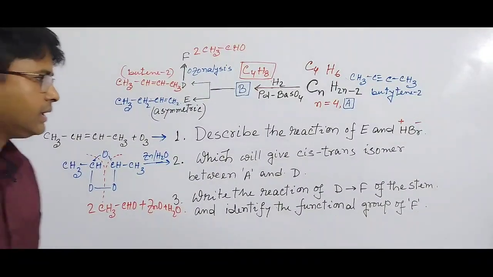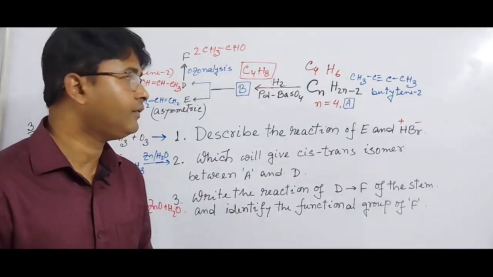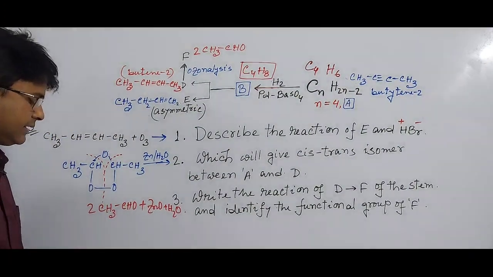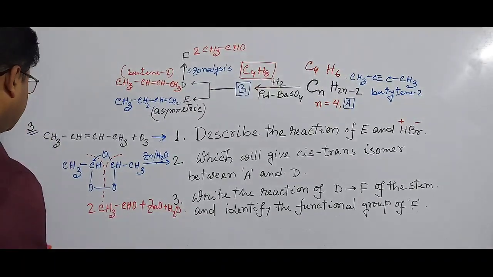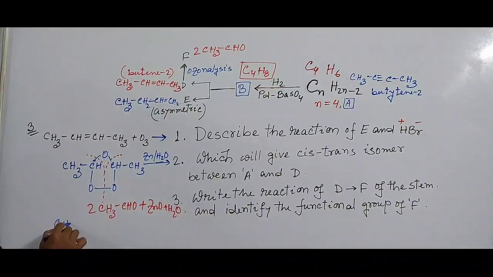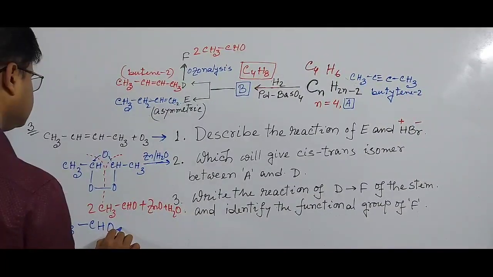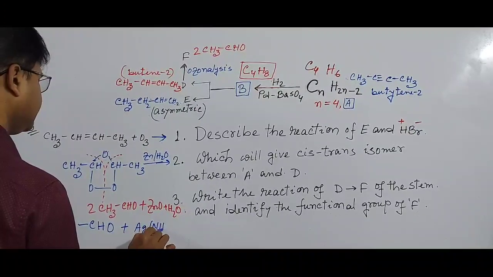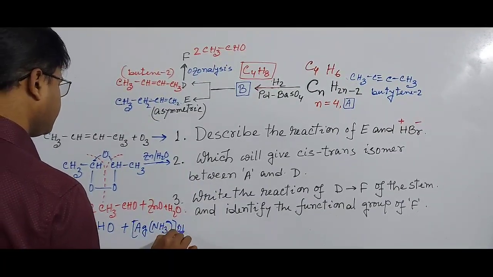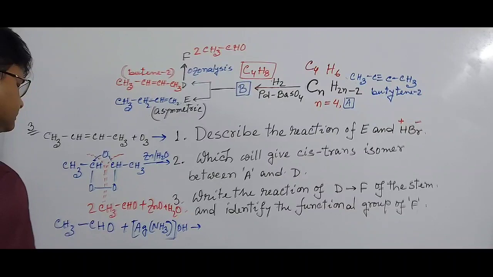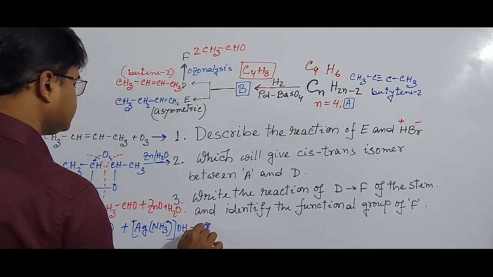Now my question: identify the functional group of ethanal. Ethanal, you know, contains the aldehyde group, and ethanal reacts with Tollens reagent, diamminesilver hydroxide, to produce a silver mirror.